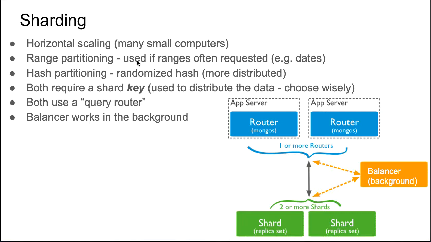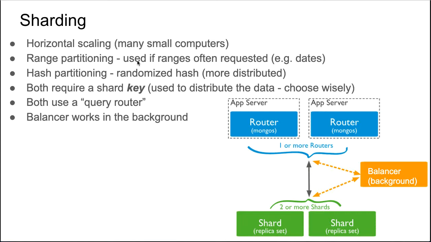So maybe birth dates for employees or something would be a good sharding technique, right? Because then you're going to have a lot of different birth dates spread out across these shards. But it also needs to be a key that you're actually using, right?